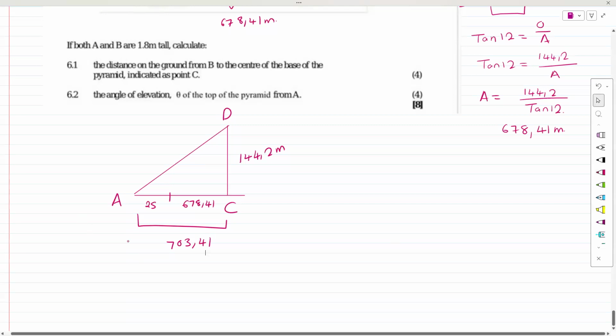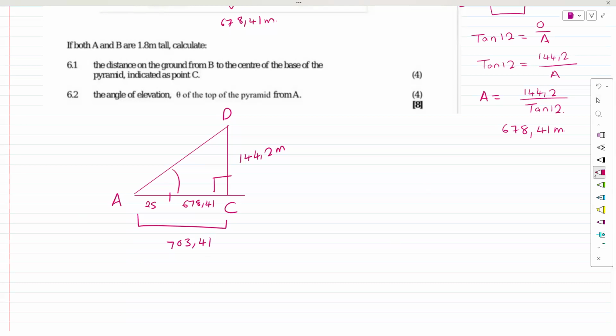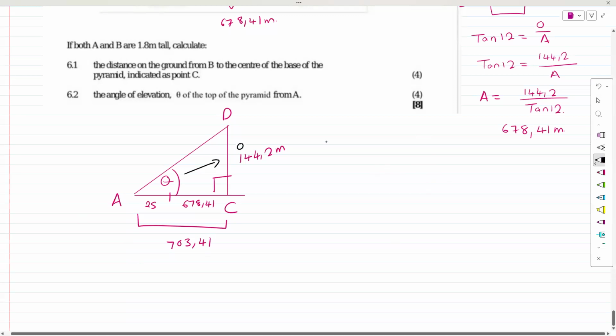Yeah, that should be fine. This is my right angle. This is my theta, and there's no need to panic. That's opposite, that's hypotenuse, and that's adjacent. Guys, we have the opposite, we have the adjacent, we want theta.